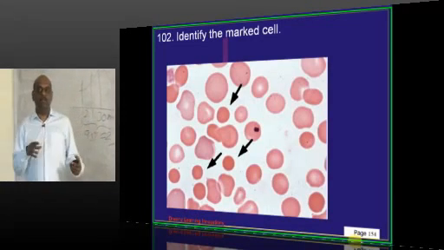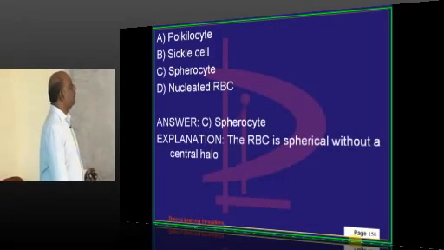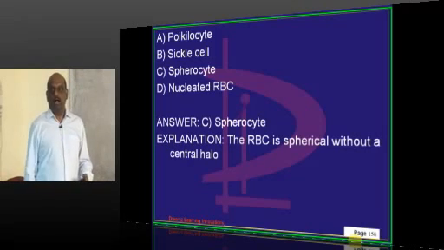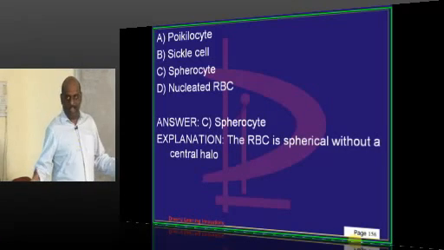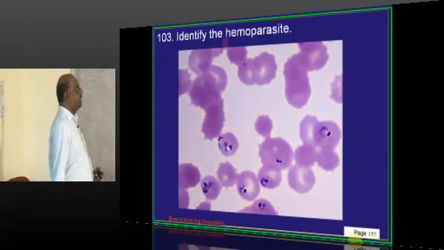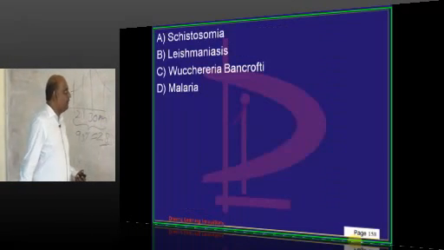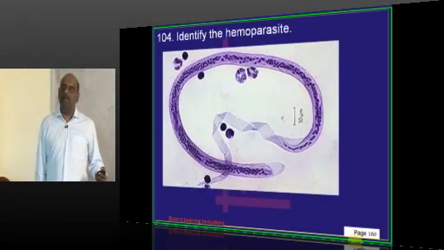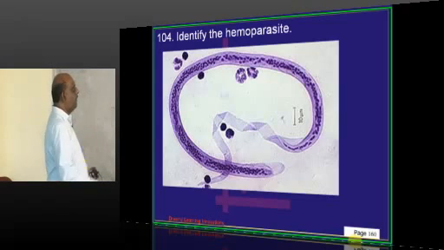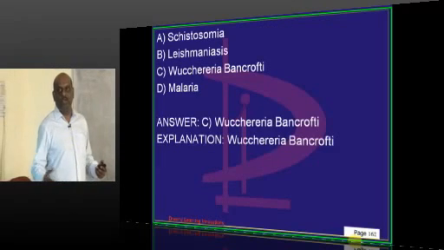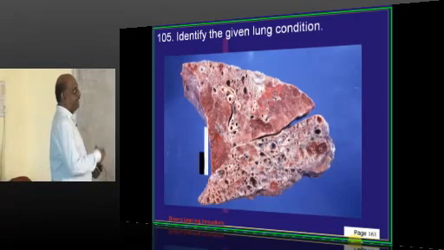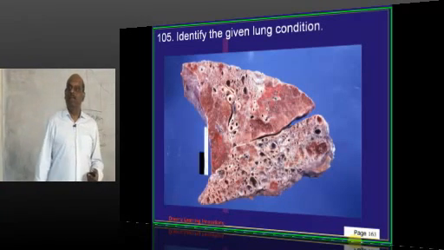Now what is this typical marked cell? So what you are seeing is the spherocyte. RBC is spherical without any central halo, that makes it a spherocyte. Now what is this parasite with the ring forms? Classically a question of malaria. And what is this hemoparasite classically identified as? Babesia microti. Then what is this lung condition?